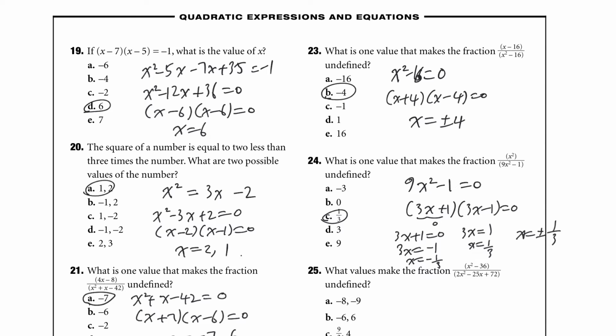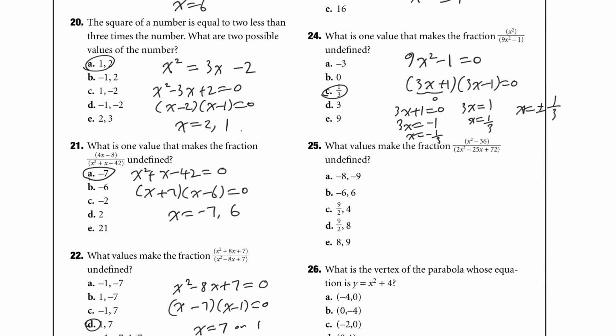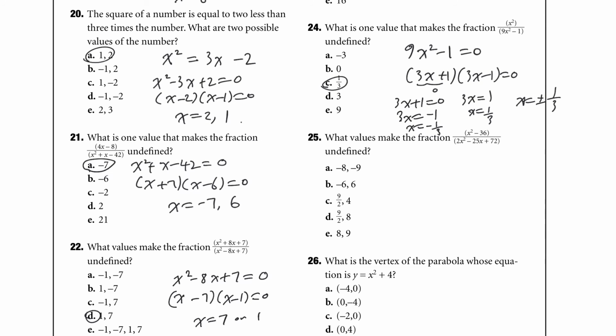What values make the fraction undefined? Again, question 25 is a bit trickier than the others because this is a hard trinomial. The method I use is you want to find two numbers that multiply to give you 2, which is 2 and 1. And then you also want to find two numbers that multiply to give you 72.